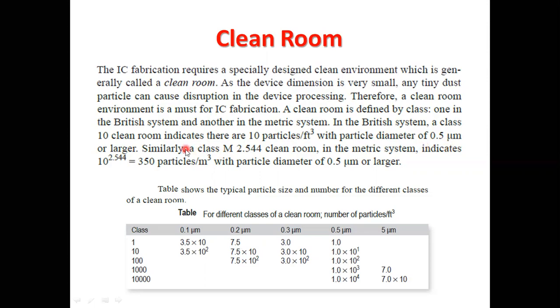Similarly, a class M 2.544 clean room in the metric system indicates that there are 10 to the power 2.544, that is 350 particles per cubic meter with particle diameter of 0.5 micrometer or larger. You can see the extent of the particles in a room with the particle diameter given. This shows the importance of the clean room.